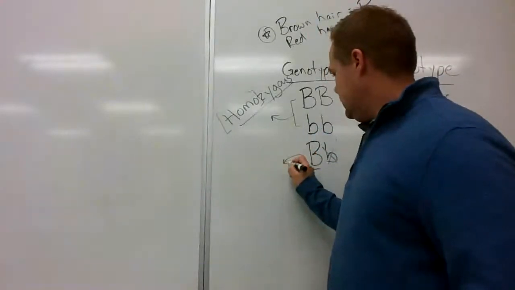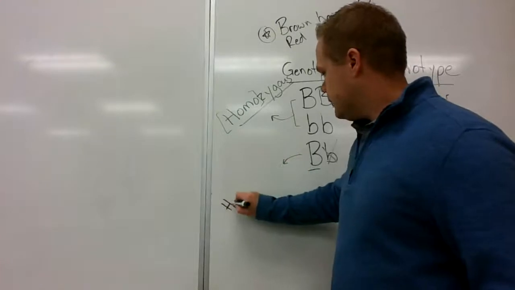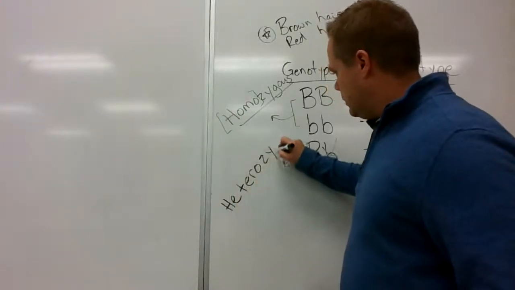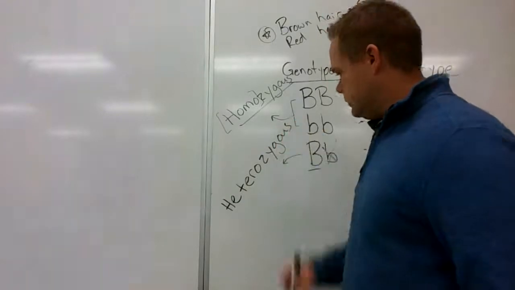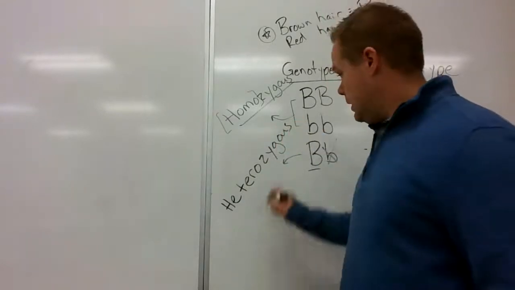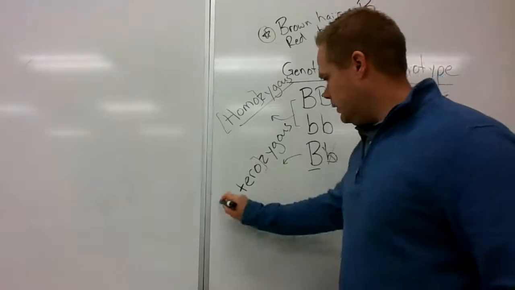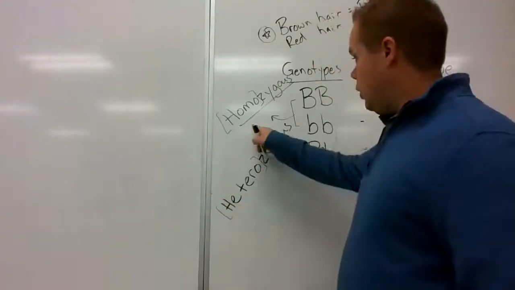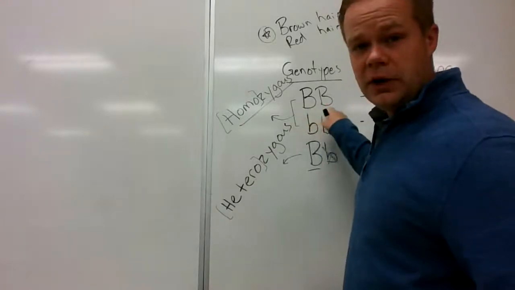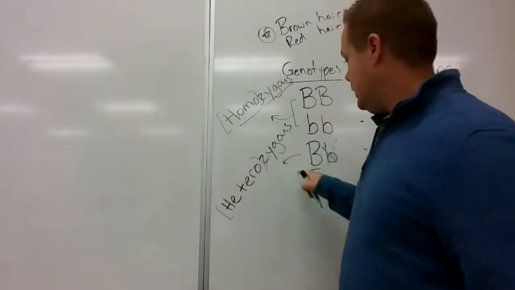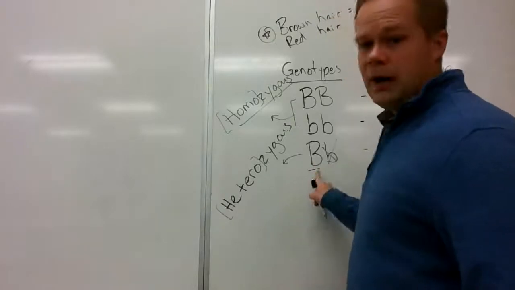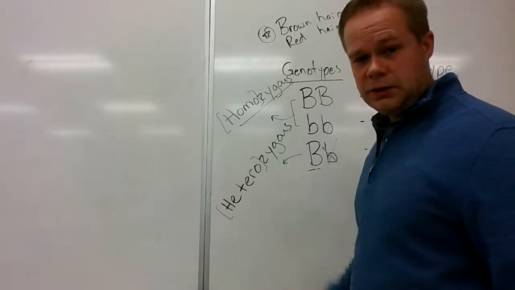This gene is called heterozygous. Okay? This Latin word, hetero, means different. So homozygous means that both alleles are the same, and this means that both alleles are different. So one dominant, one recessive. They're different, so it's heterozygous.